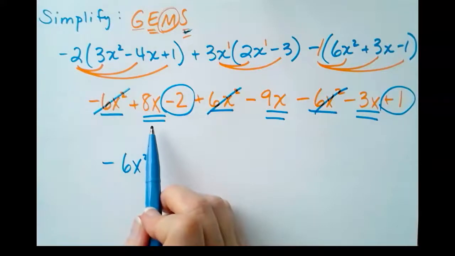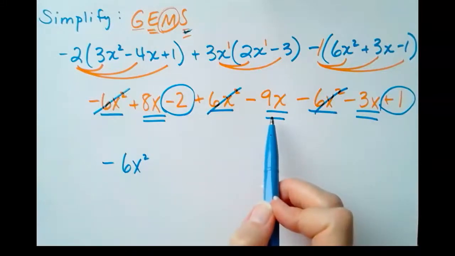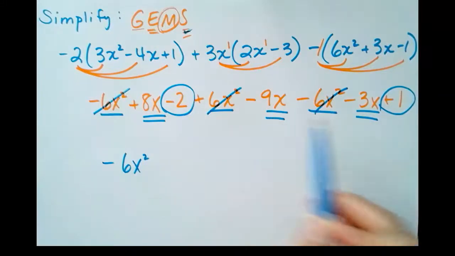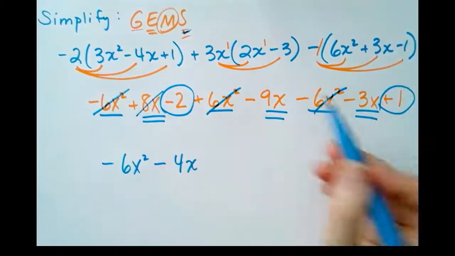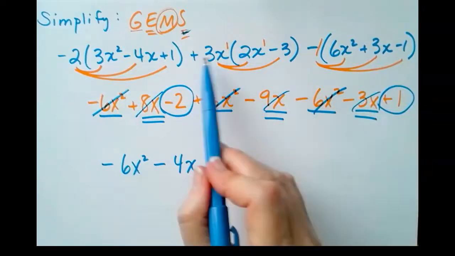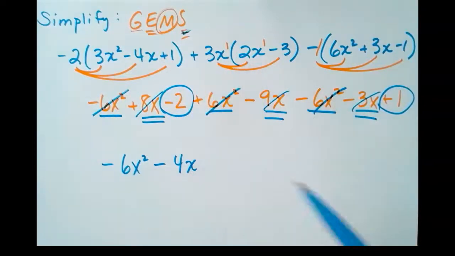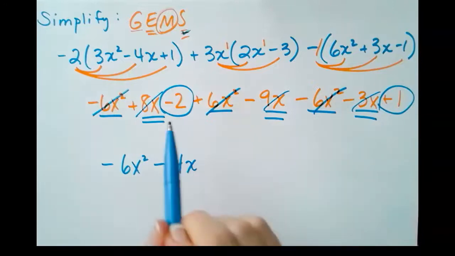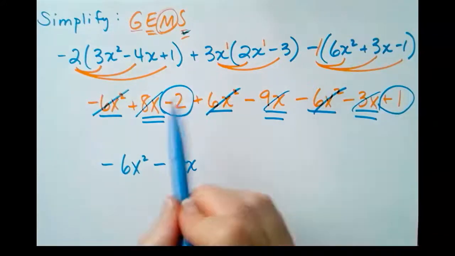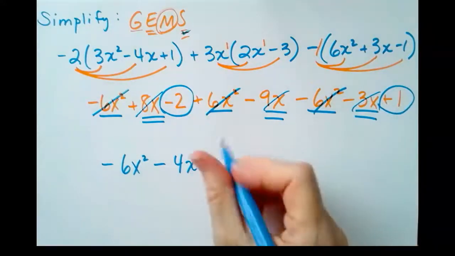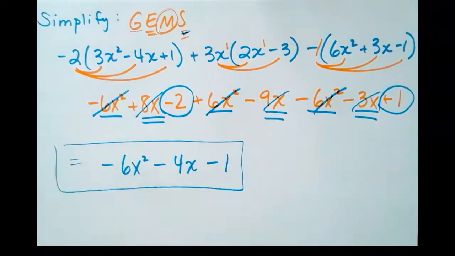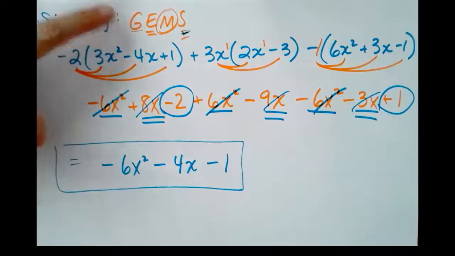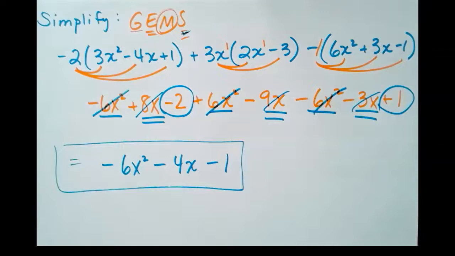Next, 8x minus 9x is negative 1x. Negative 1 minus 3 is negative 4x. Exponents only change when you multiply or divide, not when you're adding or subtracting. Lastly, a negative 2 and a positive 1 give us a negative 1. And this is our final simplified polynomial following the rules for order of operations and combining like terms.